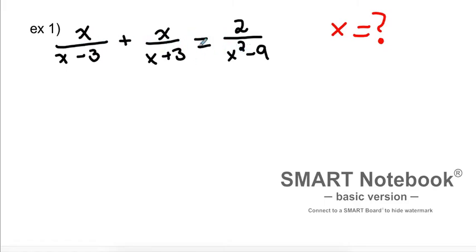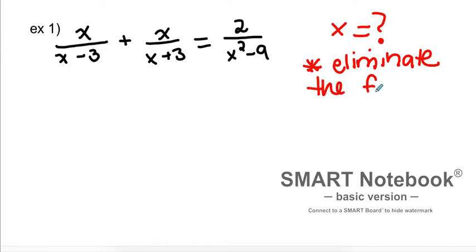So our goal here is to eliminate the fractions. So we'll get started with the usual, which is by factoring. Okay, so let's factor first.